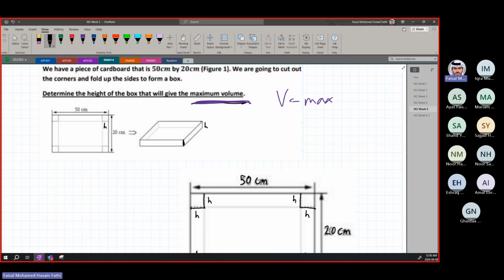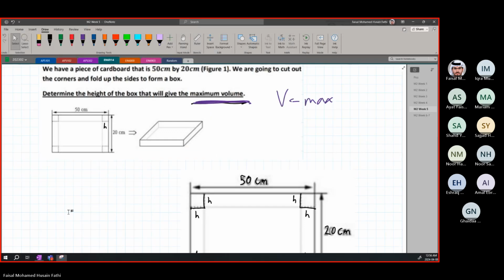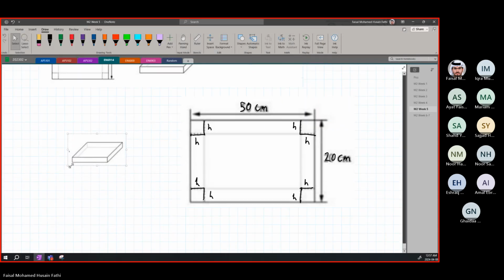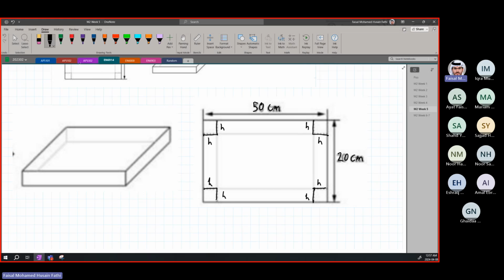Now the volume of this box is going to be, and then an h height. Let me redraw the box here, or just cut it and make it a bit larger. So this is the box that we have, and this height is h.